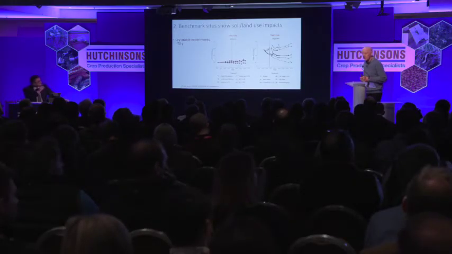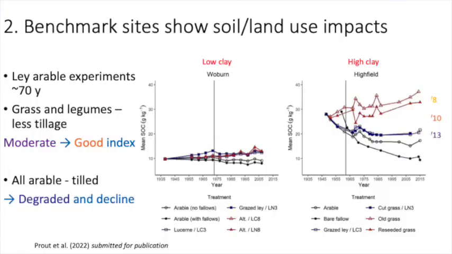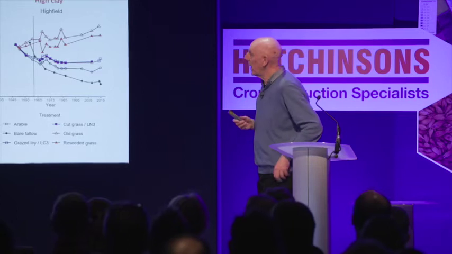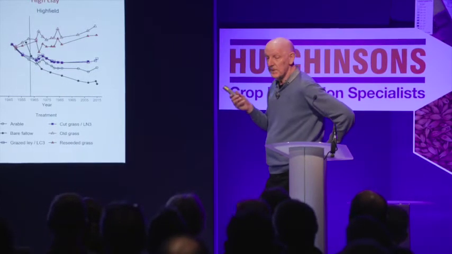So I'm now going to show just two benchmark sites because this is a different way of looking at things. I've shown national survey data, but you cannot, of course, know exactly what was done on the farm in terms of management, year by year, season by season. But we have two long-term experiments at Rothamsted and Woburn.